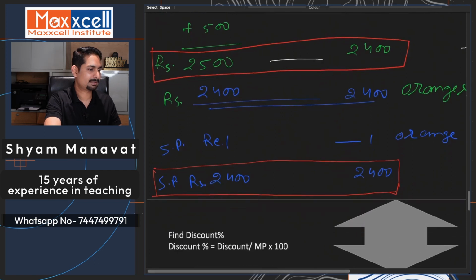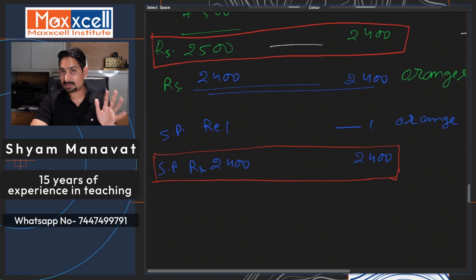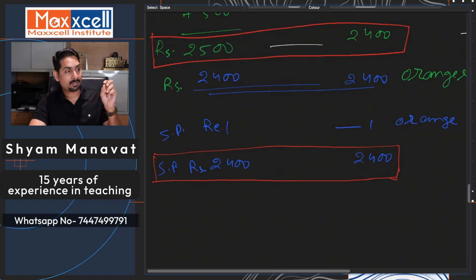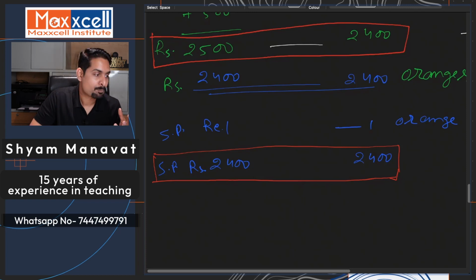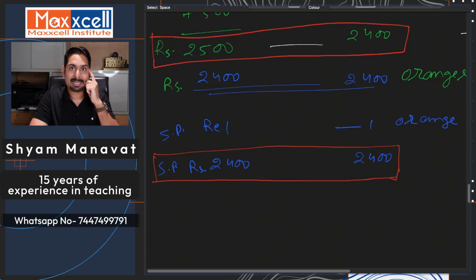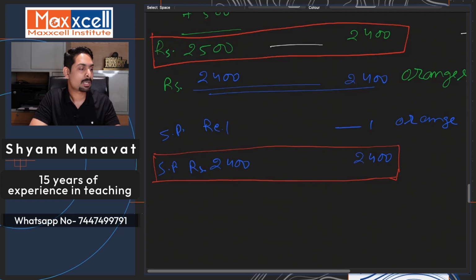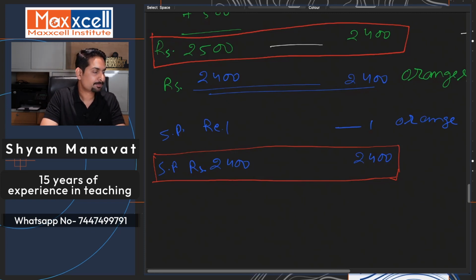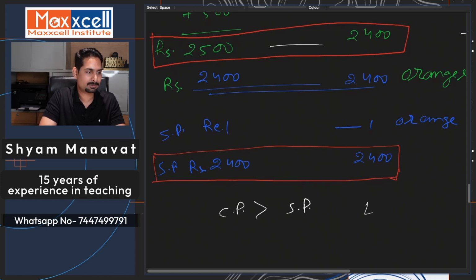Guys, understand, do not learn questions or formulas by heart. Understand the logic behind it. Definitely you need to remember the calculations, so that next time you get the same calculation, you will be able to answer it faster. So what do we say? We say the cost price is more than the selling price, this is the case of loss.